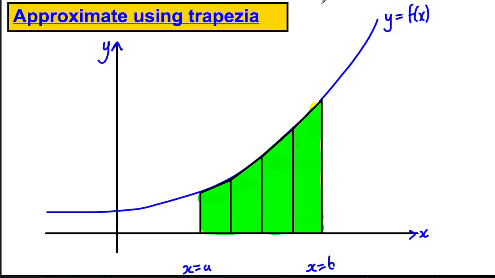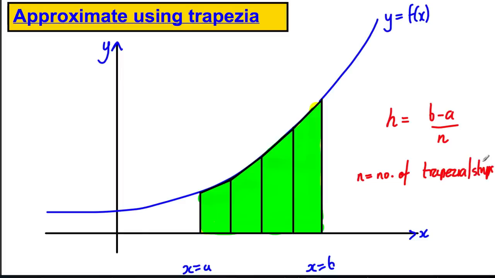Suppose we were finding the area between x is a and x is b, and we divided this up into equal intervals. Suppose we said let h equal b minus a over n, where n is the number of trapezia, or sometimes we call these strips.